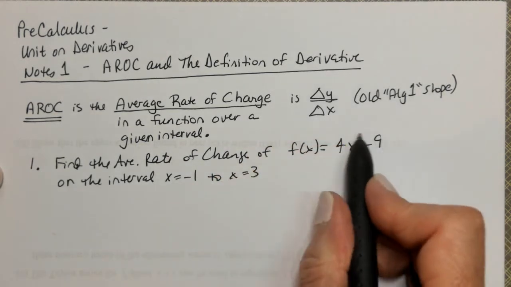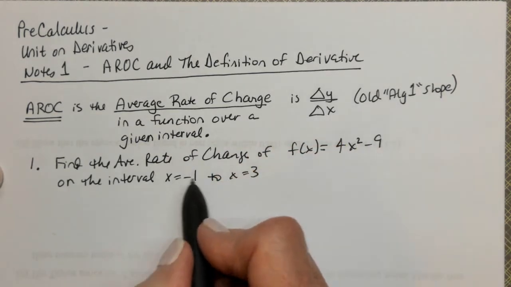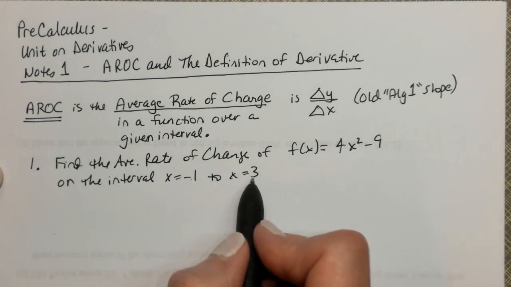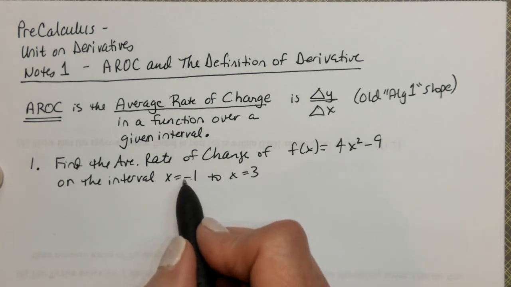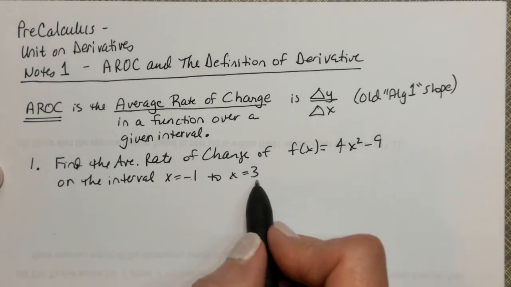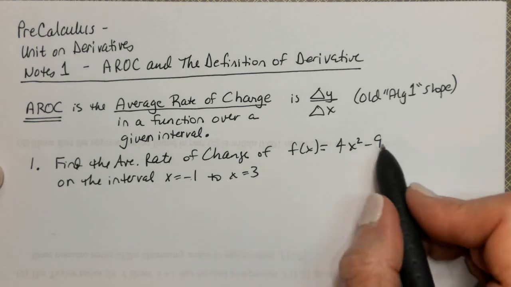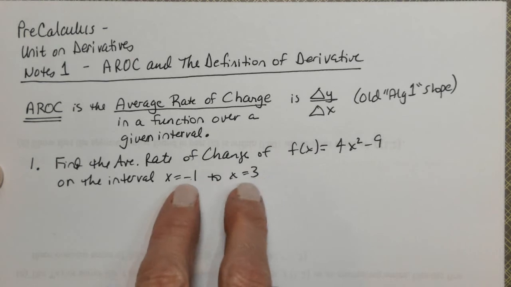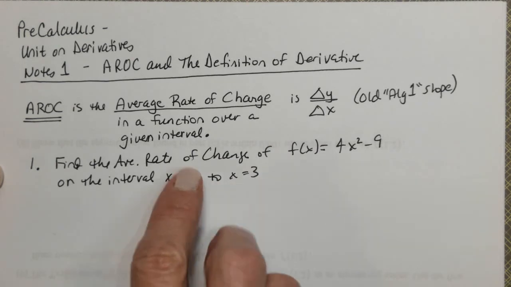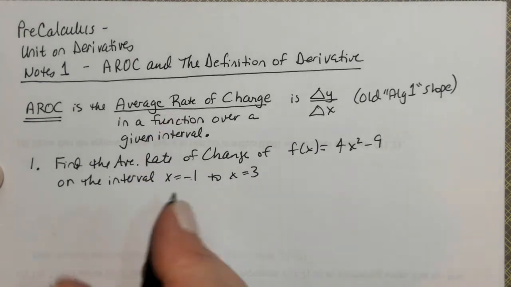So this is a parabola pointed up. The average rate of change from x is negative 1 to x is 3 will be the slope between the point where x is negative 1 and the point when x is 3. So envision this parabola. We're finding the slope between 2 points. That's what average rate of change is.